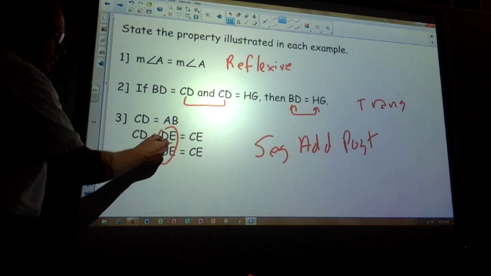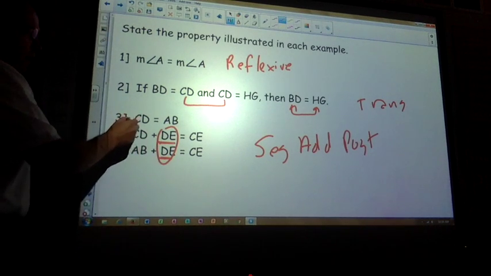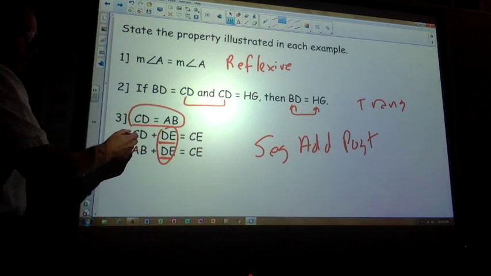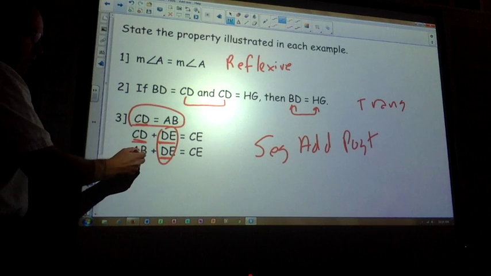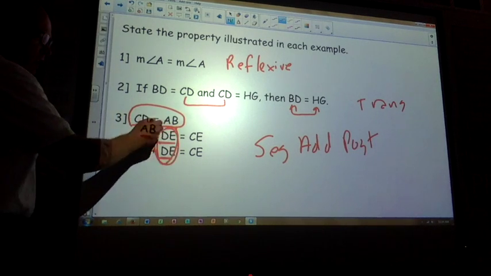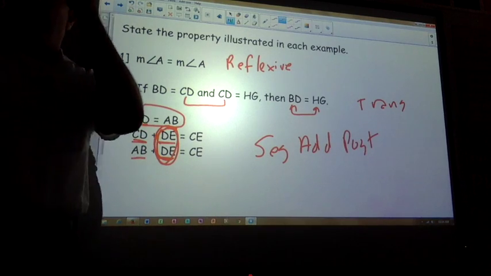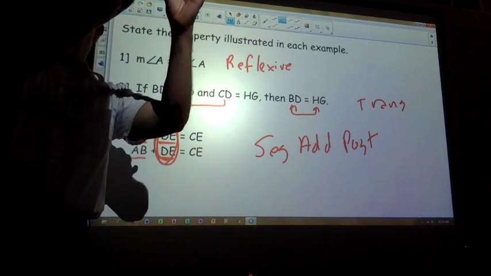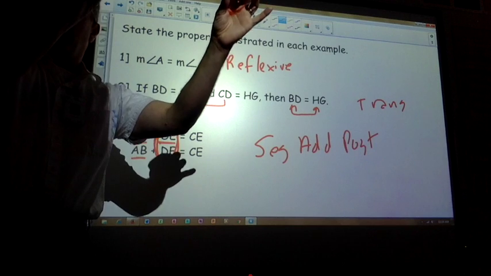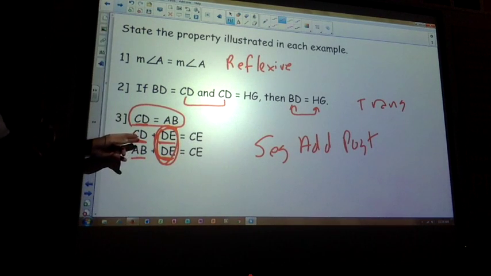I already know that these are equal to each other, so I'm taking the exact same segment, adding it to both, and now it's longer. But you're replacing CD with AB, because you have CD plus DE equals CD, and then you take out CD and put in AB.